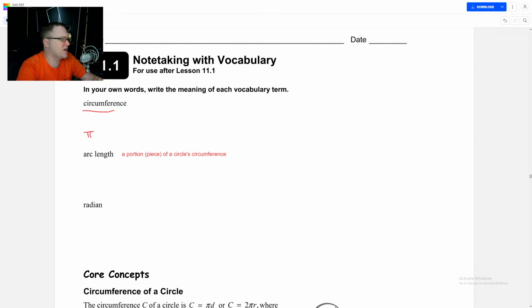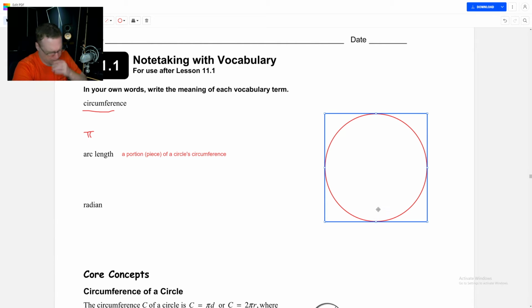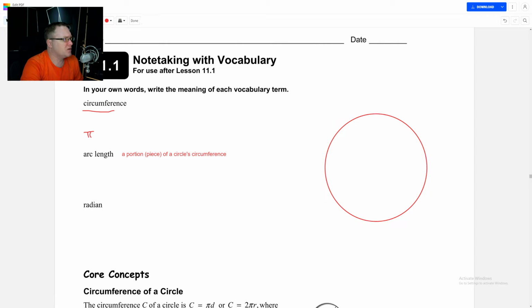So what does that mean? Well, again, let's imagine that we have a circle here. I'll draw a circle. An arc length would just be a piece of this circle.